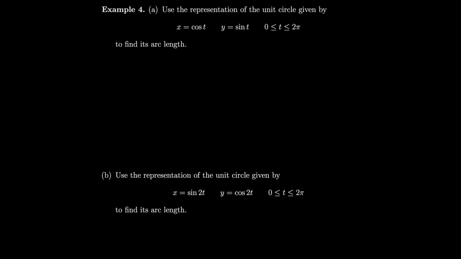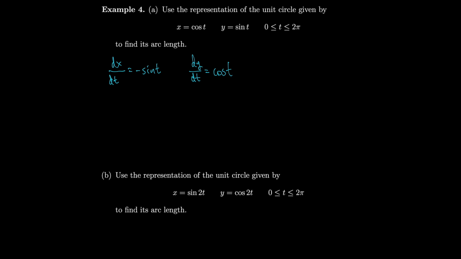So let's use the representation of the unit circle that we looked at last time, x equals cosine t, y equals sine t, and find its arc length. So we have dx/dt equal to minus sine t, and dy/dt equal to cosine t.